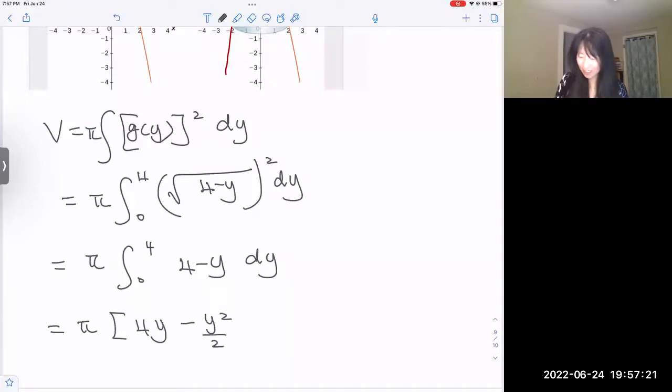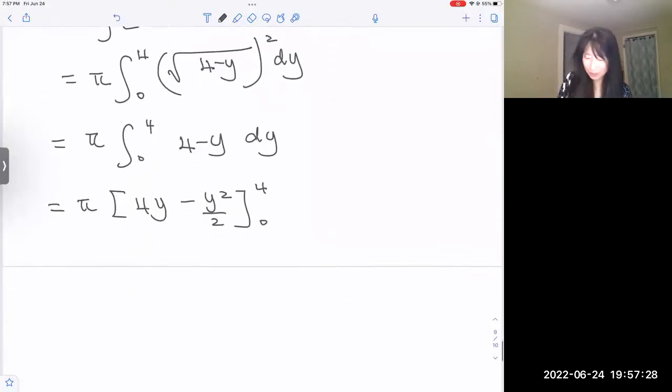Very good, thank you. Now we evaluate from 0 to 4 to find the volume, right? Pi times 4 times 4 minus 4 squared over 2, and everything is 0 on the other side. Now, can you please calculate?